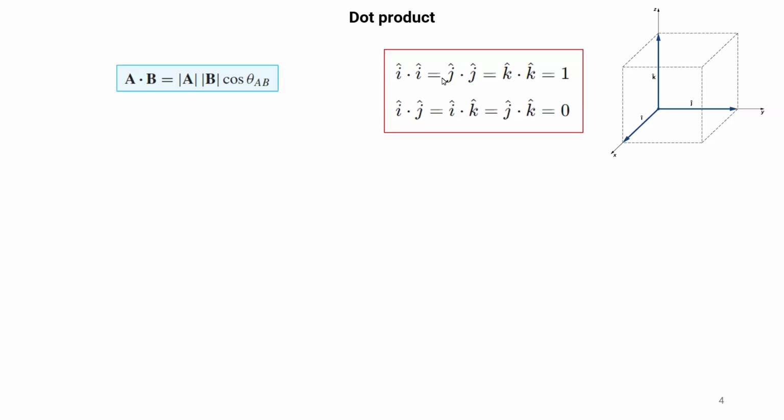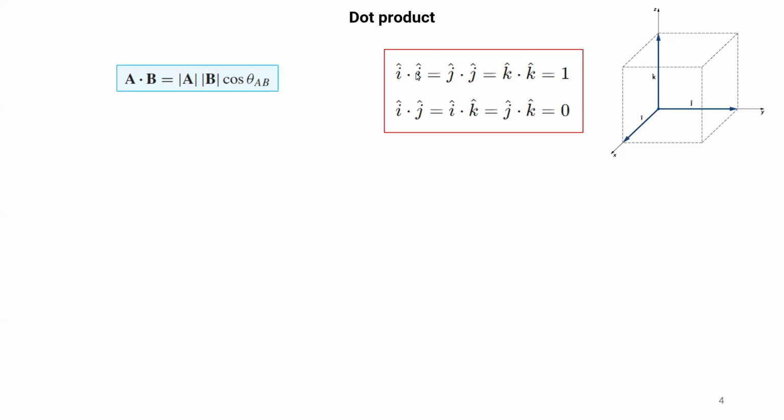When the vectors are collinear, the dot product is just the product of the absolute values. A particularly important set of formulas that you should remember is in the red box.